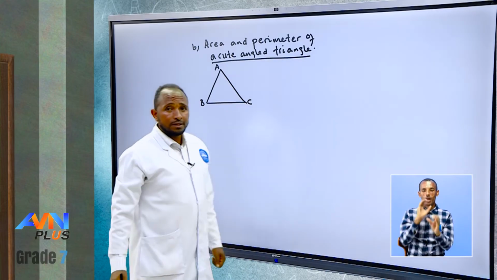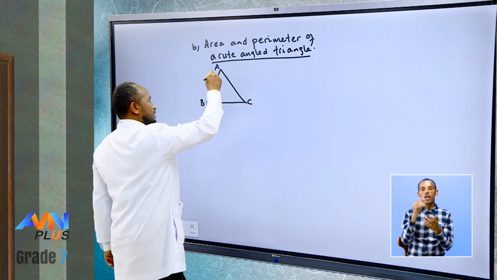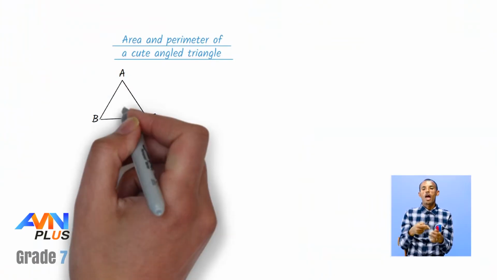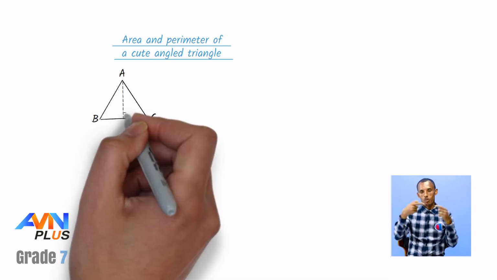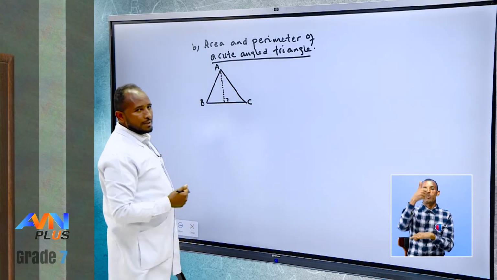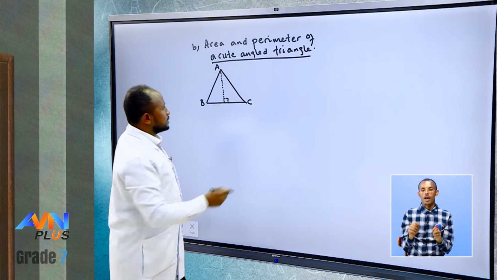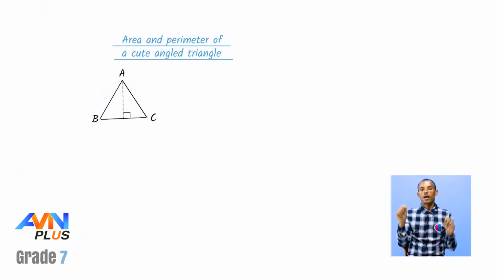To calculate the area of such a triangle, draw an altitude from one vertex to the opposite side. So we call this an altitude or height of this triangle. Let me write this definition.